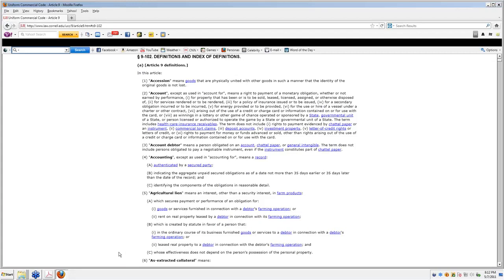Which what? Which secures payment or performance. Which does what? Secures payment. Which does what? Secures payment or performance of an obligation. Okay, what's the obligation? So how do we secure payment? By filing an ag lien.